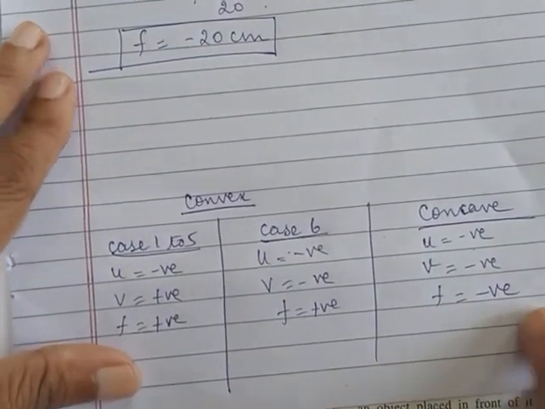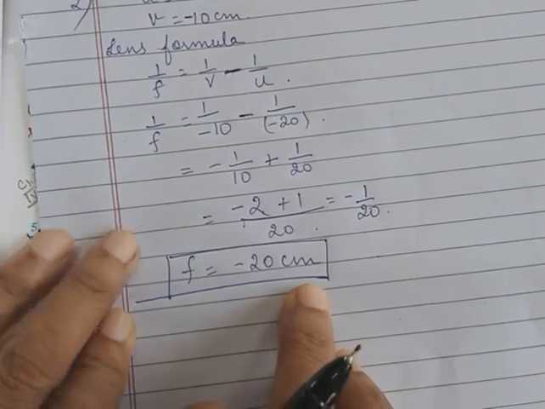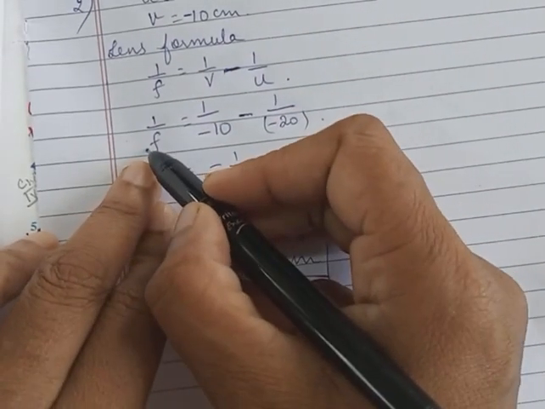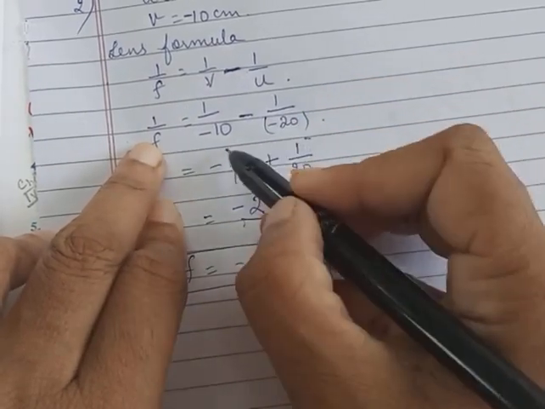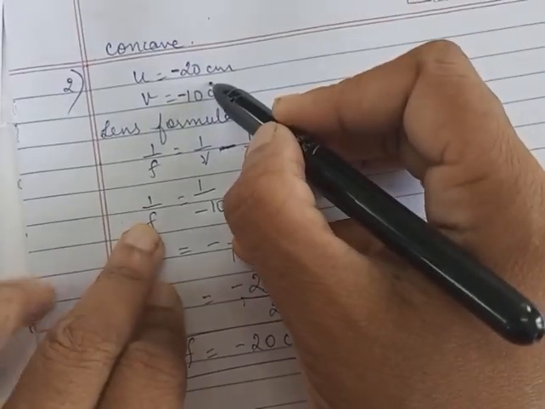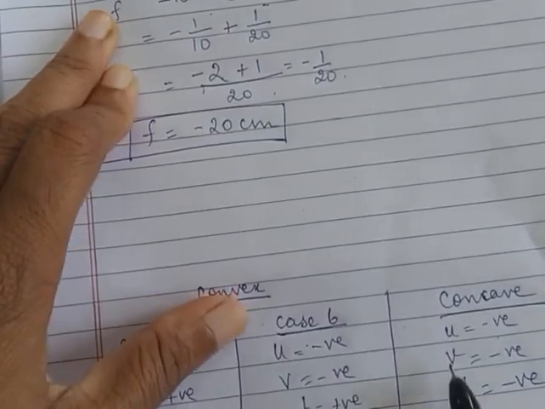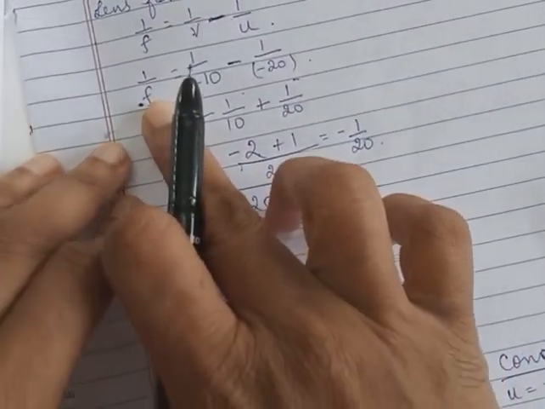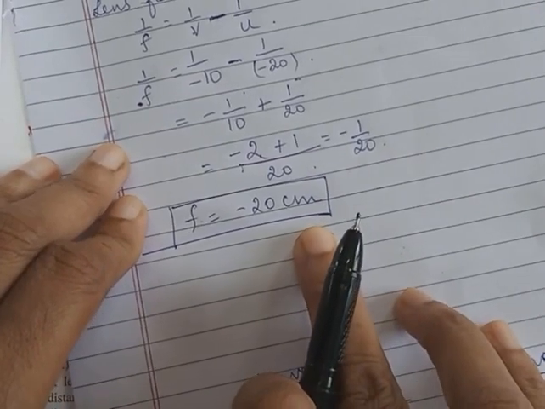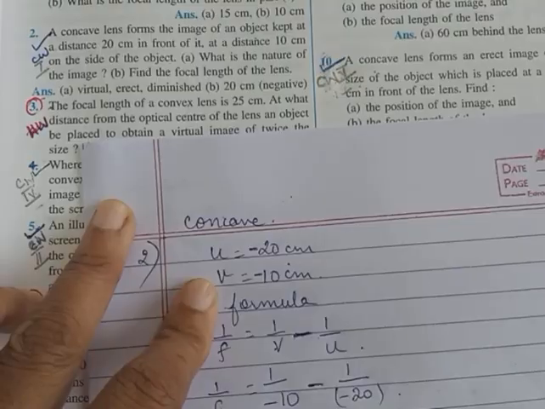Focal length should be negative and you are getting the answer also in negative. Now don't put minus f here. Only for the values that you are substituting you should use the sign. For concave, f is negative, but don't put minus f here. You just put f and calculate it, automatically the answer will come out to be negative.